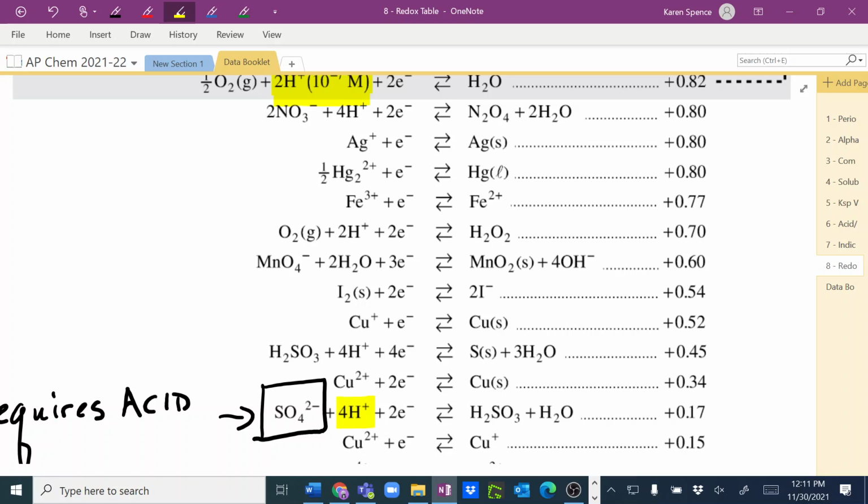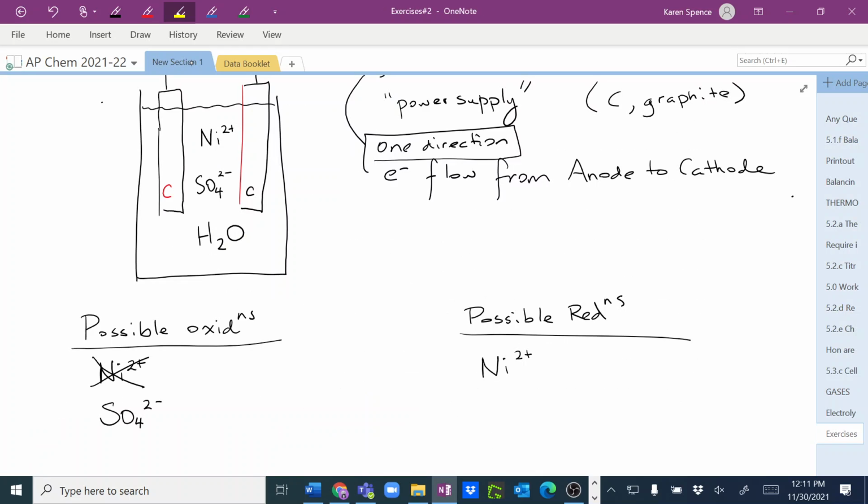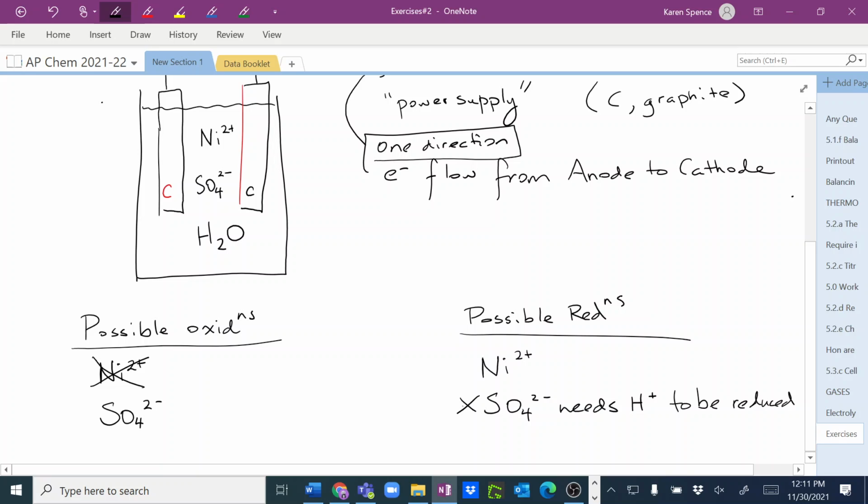Is good? Okay. Excellent. Now, where did I get to? We were here. Okay. So SO4 can get oxidized, but SO4 2- needs H+ to be reduced. And so that one is a no.